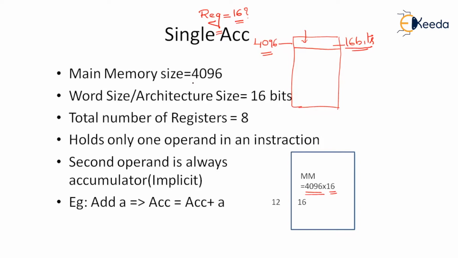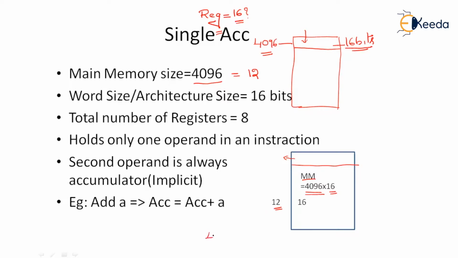As the main memory size is equal to 4096, the address of the main memory will be of 12 bits. That is, this is my main memory, whatever. The size of the main memory is equal to 4096. You also know that each and every location must be represented by its respective address, right? The address part of the main memory should be equal to 12 bits.